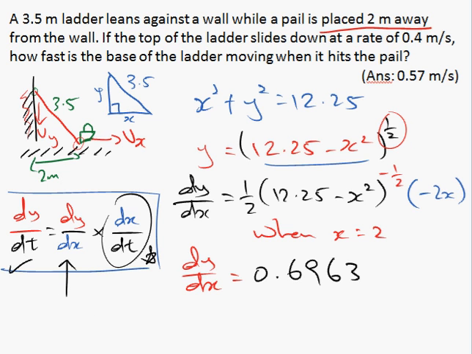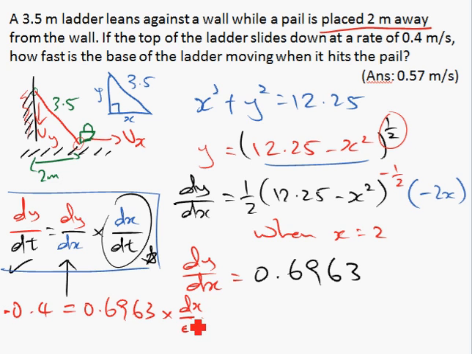So what you have here is, dy dt is negative 0.4 equals to 0.6963 times dx dt. So from here, what's my dx dt?